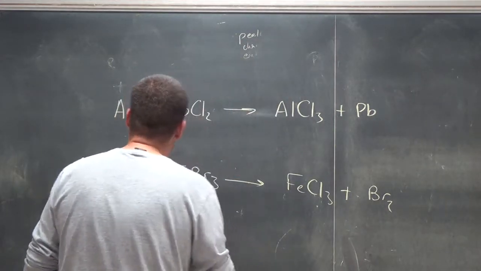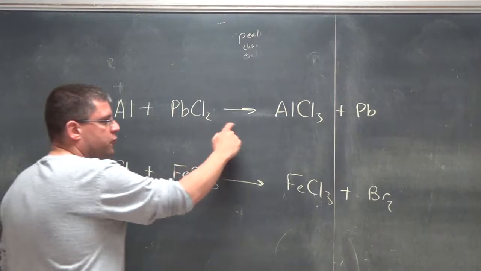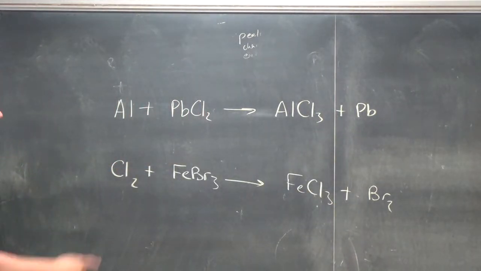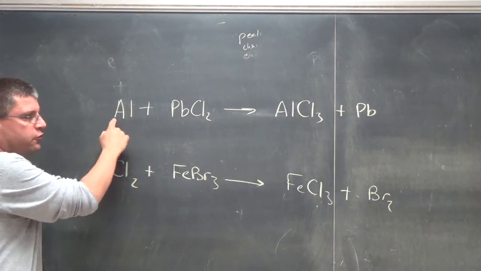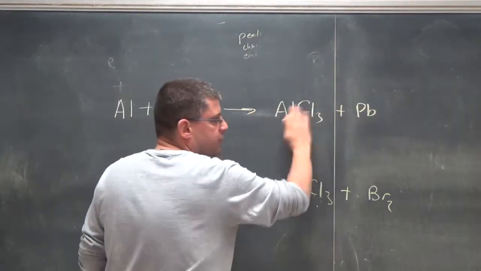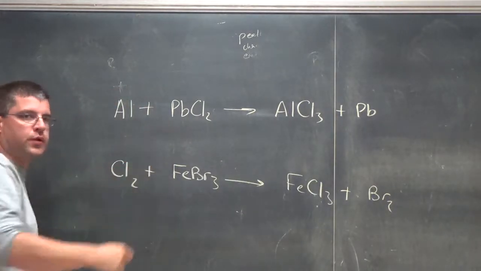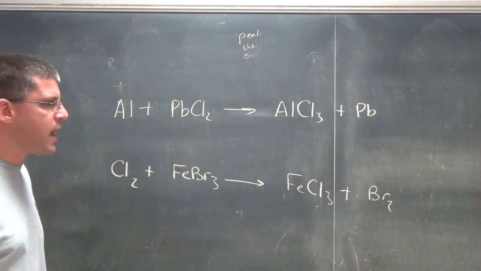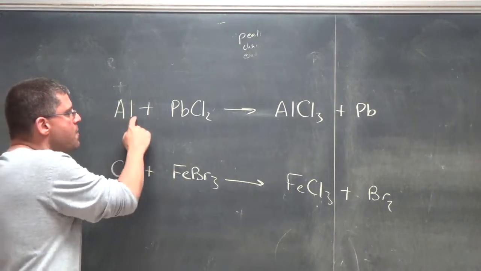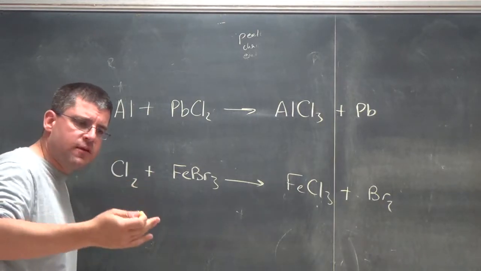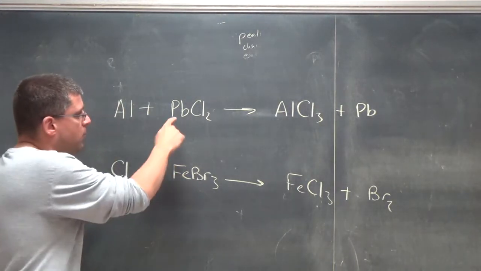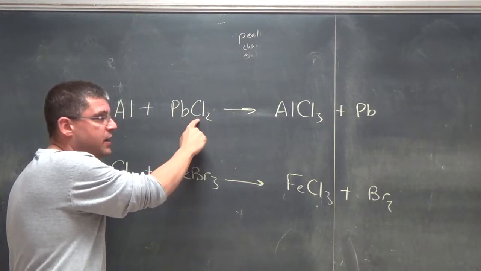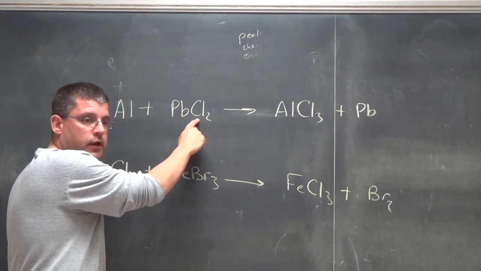So right now we've got aluminum plus PbCl2 yielding AlCl3 plus lead. Now, obviously it's a single replacement reaction. So how do we know? Let's just pretend we don't have the products here. If we stick these two together, and we agitate, we add heat, we do all those things to speed up the reaction, is aluminum, think of it this way, reactive or powerful enough to break apart lead, a transition metal bonded to two atoms of chlorine?